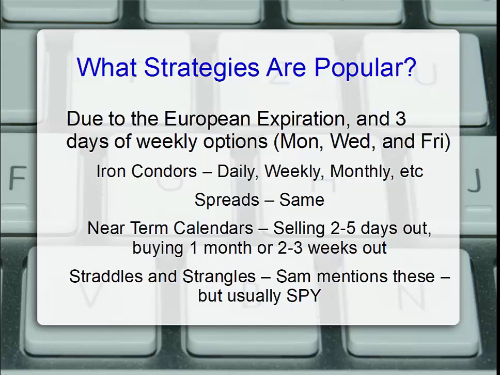Now that these daily frequency options are available for Monday and Wednesday and Friday expirations for SPX and SPY, rather than an investor buying a call or buying a put that's 3, 4, or 5 months out in time and selling a month option against it, they're buying a call or a put that's 2 to 3 weeks out, maybe 1 month out, and selling the 2 to 5 days out against it to do sort of the diagonal spread or a calendar spread position.